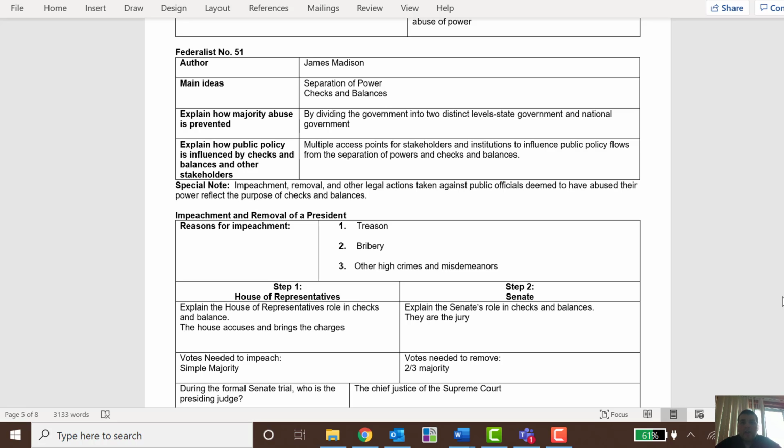There are going to be things that your state government can do that the federal government cannot do, and vice versa. And the idea is that by having multiple levels of government and having checks on government, there are access points for people to influence public policy, so that you as an American citizen are going to have easier access to the people in charge of the government.